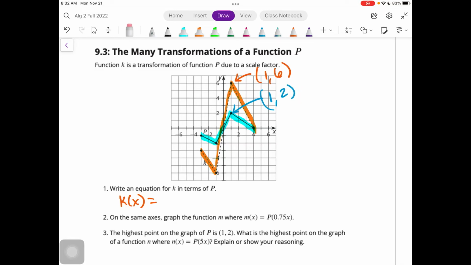Let's just check another point just to make sure. So we know that this point right here is the point -1, -2. And the corresponding point is -1, -6. So that does make sense. And so we're multiplying that p of x by 3, because our output is what is changing, what is growing or shrinking.